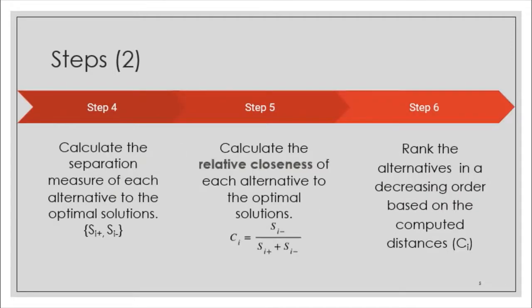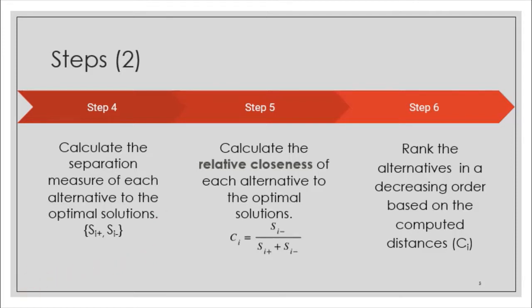After determining them, we jump to step number 4 to calculate the separation measure, which quantifies the distance that separates each alternative from the optimal solutions. And this can be done using the Euclidean method.